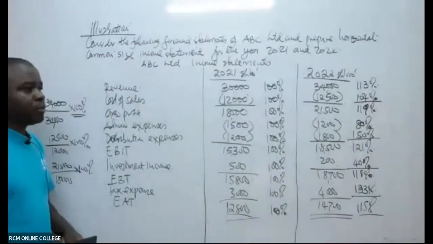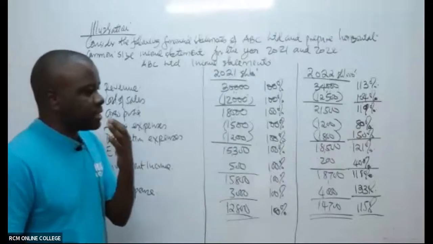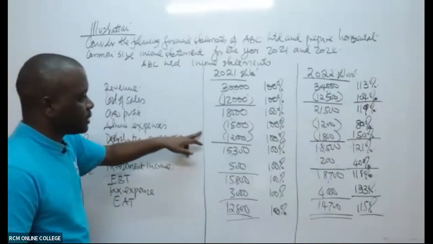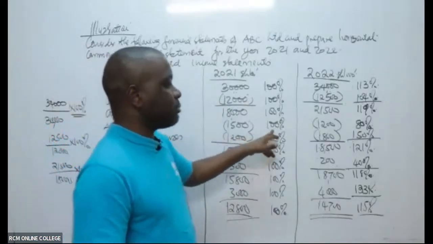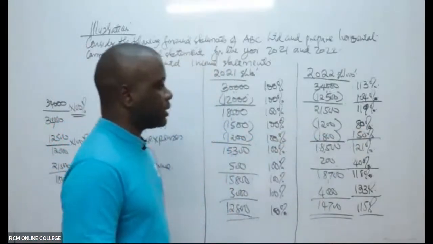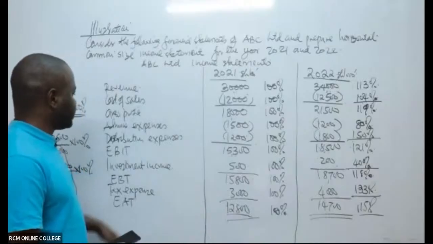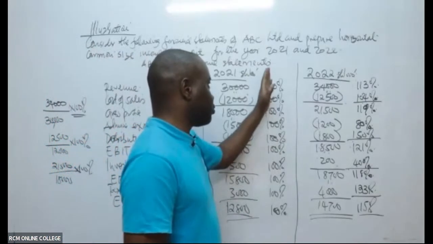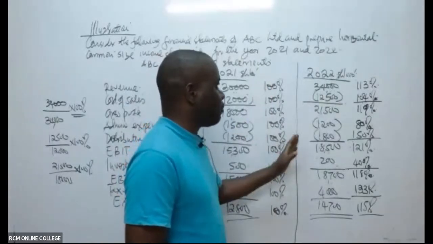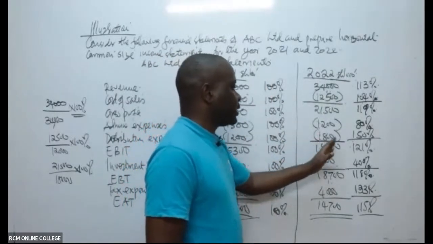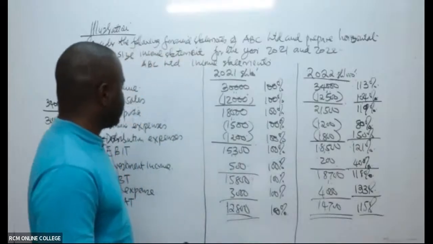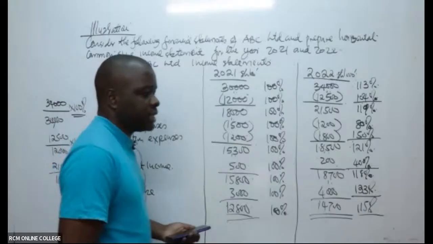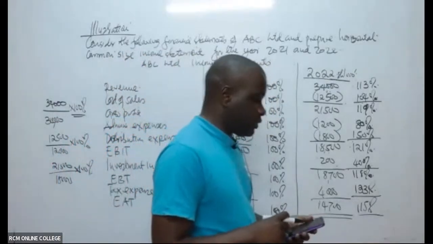So in this case, you can see a trend. For example, in terms of admin expenses, there was a decline of 20% to 80%. In terms of the distribution expenses, if you compare 2021 as the base year with 2022, there was an increase of 150%.